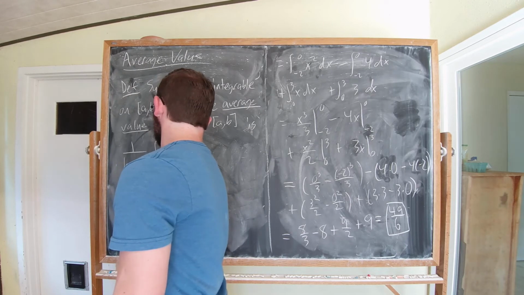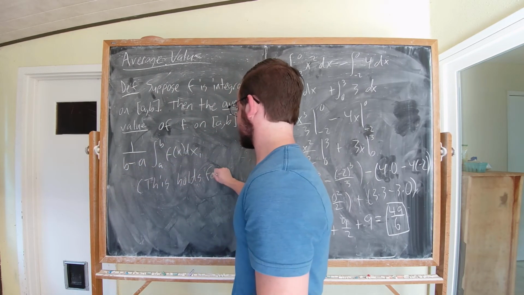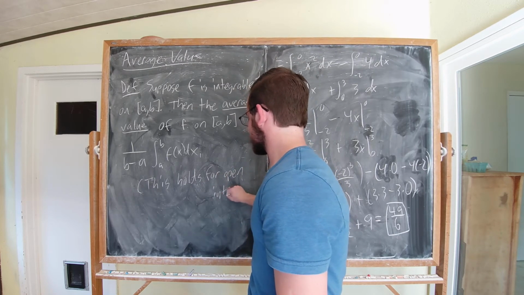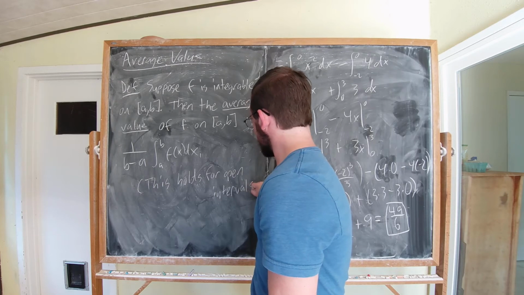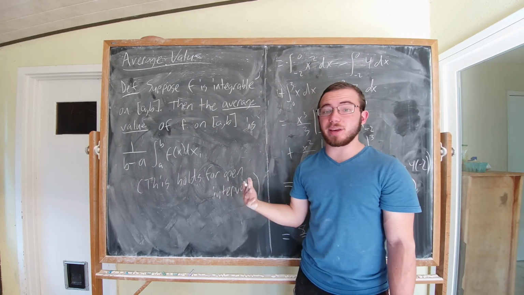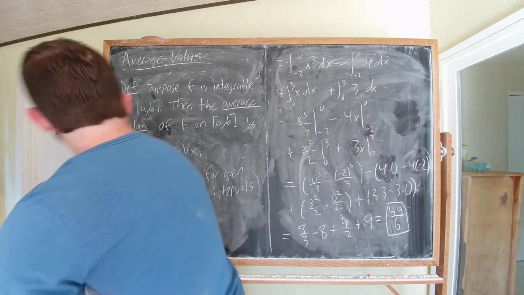Side note, this also holds for open intervals. So if somebody gives you open interval from a to b instead of closed interval from a to b, it'll still work out.